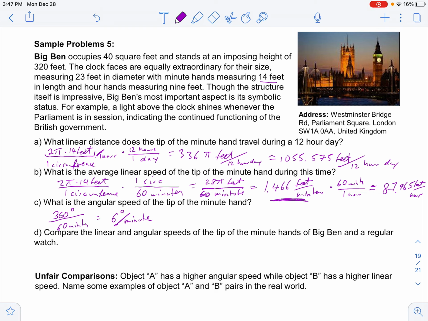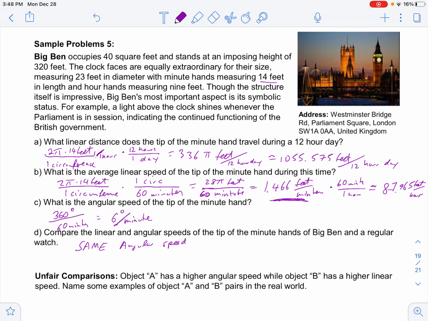Now, compare the linear and angular speed of the tip of the minute hand of Big Ben and a regular watch. A regular watch is very, very small, like we're talking inches. Now, here's a neat little thing. We must have the same angular speed. If it is not the same angular speed, we're not talking about a good watch here.